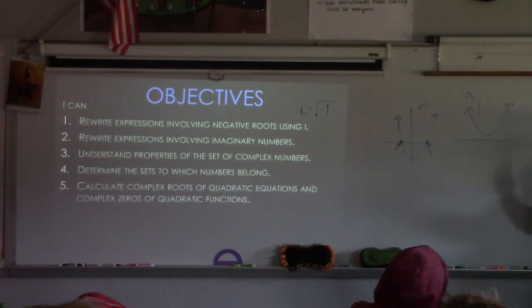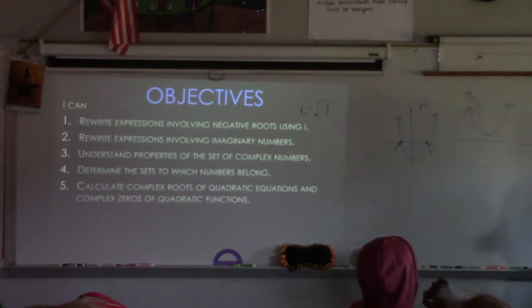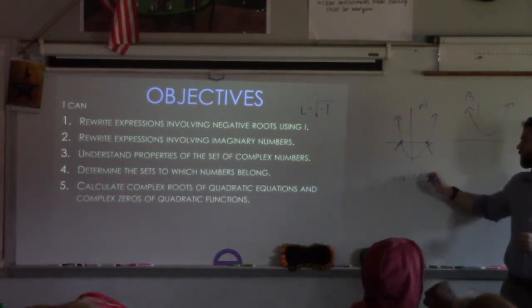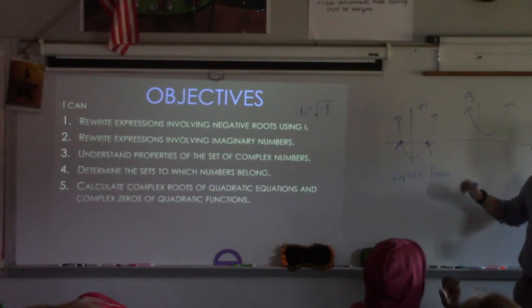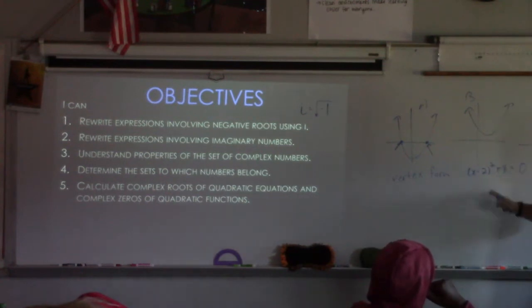What are the 3 methods we have already studied to solve a quadratic equation? We rewrote the standard form into vertex form, right? Because we could then solve something like x minus 2 squared plus 8 is equal to 0. Once we get into vertex form, we could easily solve it.